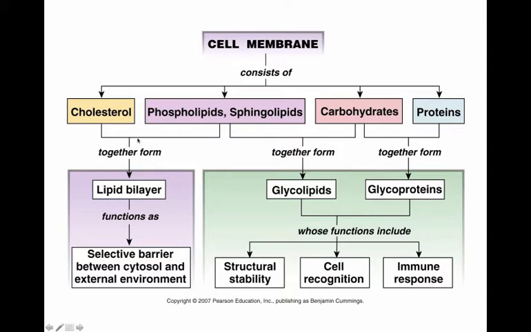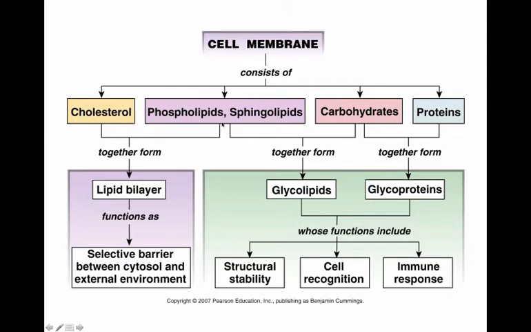Now, together with cholesterol and phospholipids, they form the lipid bilayer, which functions to be selectively permeable. It's a barrier, just like the condoms. It's a barrier between the cytosol, so that's inside the cell, and what's outside of the cell.